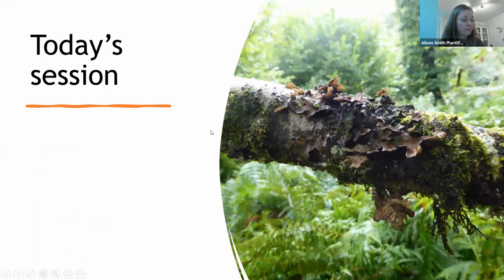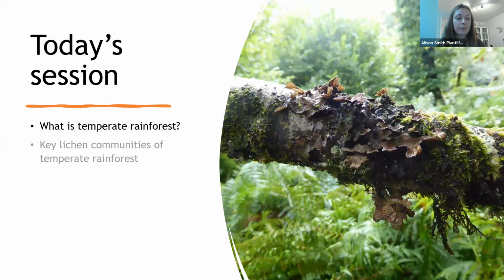Today's session, we're going to be looking at what is temperate rainforest. This is a habitat that is a priority for Plantlife. It's an extremely special habitat, particularly for rare lichens and bryophytes, mosses and liverworts. So we're going to be talking about what's so special about that habitat and why we want to work in that habitat to protect it.